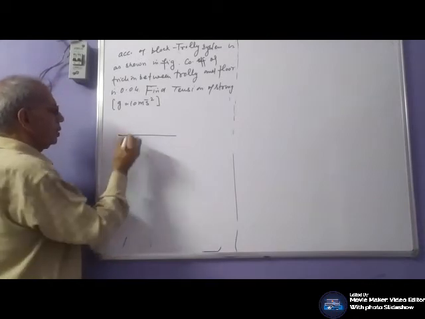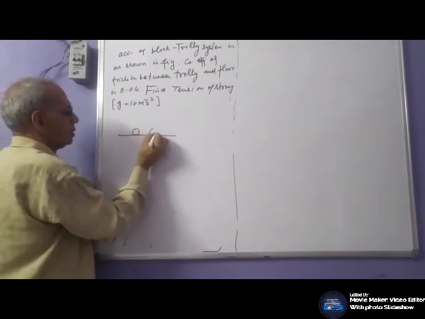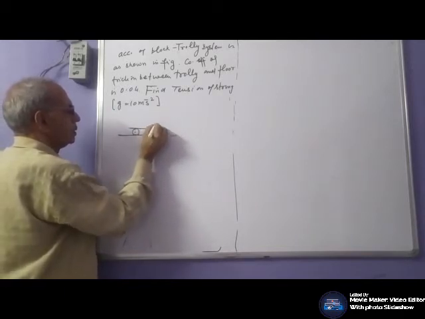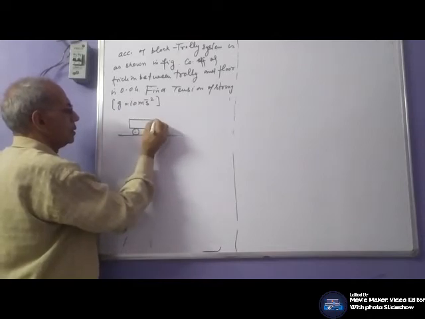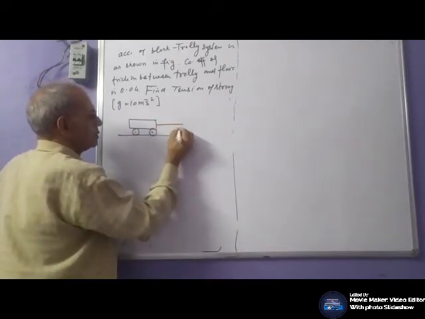This is the floor. This is the trolley. String. There is a pulley.